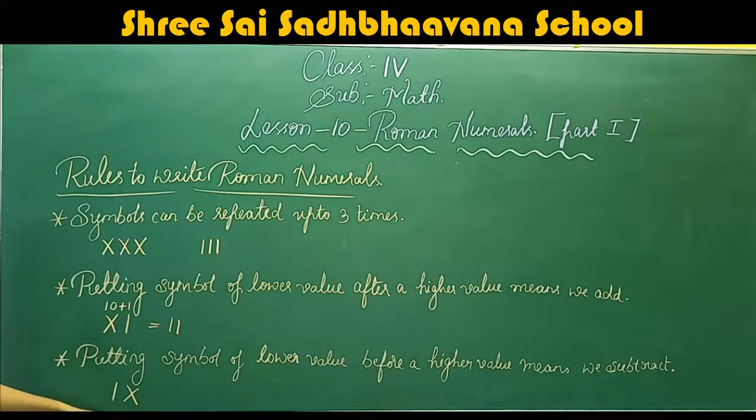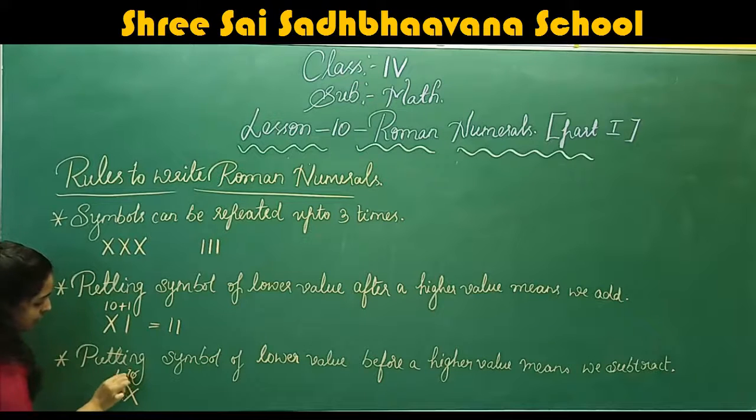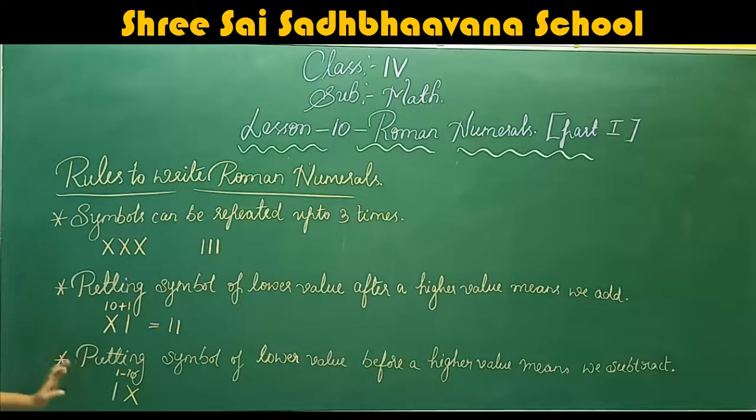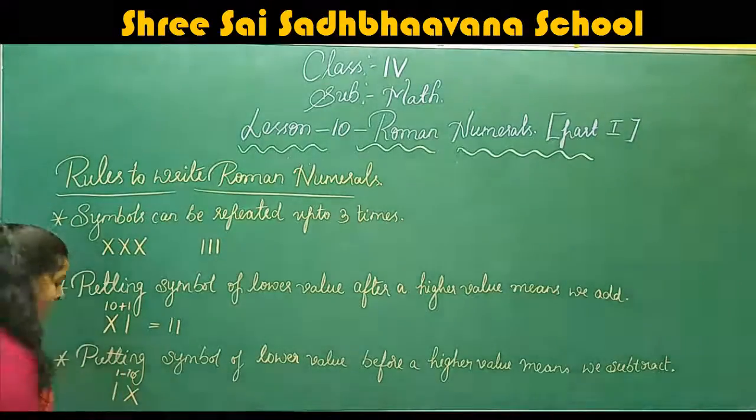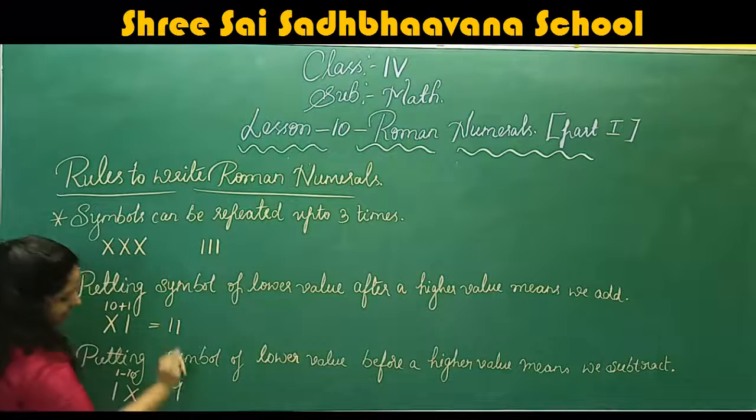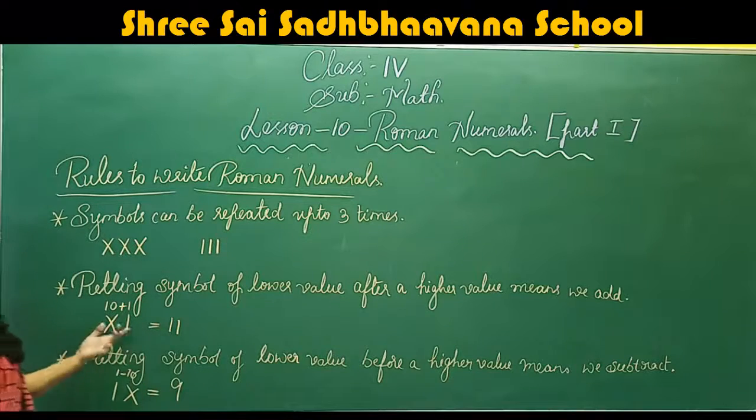Here I have written I before the X. X has the greatest value, I has the lowest value, and I have written the lower one before the greater value. So here I have to subtract. The value of I is 1 and X is 10, so I have to subtract the value of I from 10. So I will get 10 minus 1, which is 9. This is what this rule says.